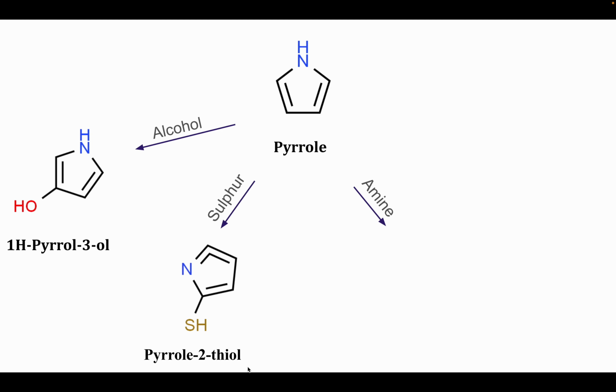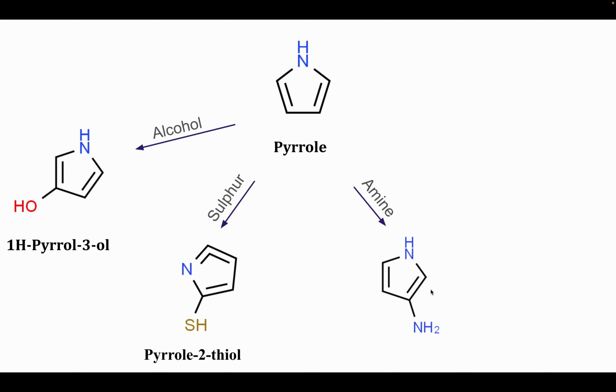Then the third example is amine. If an amine is attached, here is an example. Identify the heterocycle. The heterocycle is pyrrole. Number it 1, 2, 3, 4, 5, and then locate the functional group. Here the functional group is amine, and it is located at the third atom.